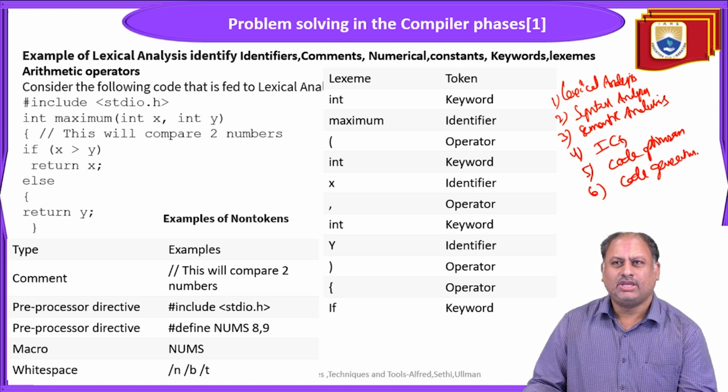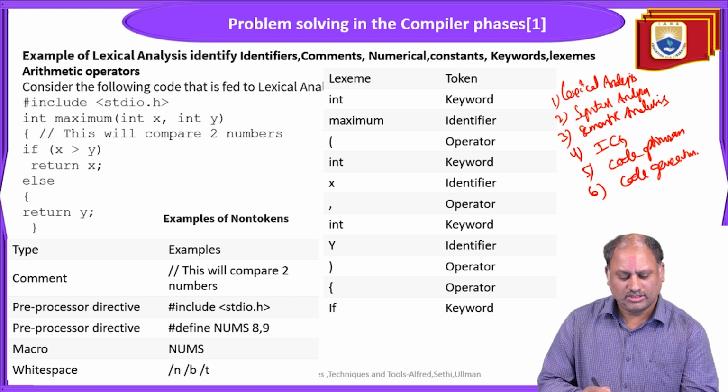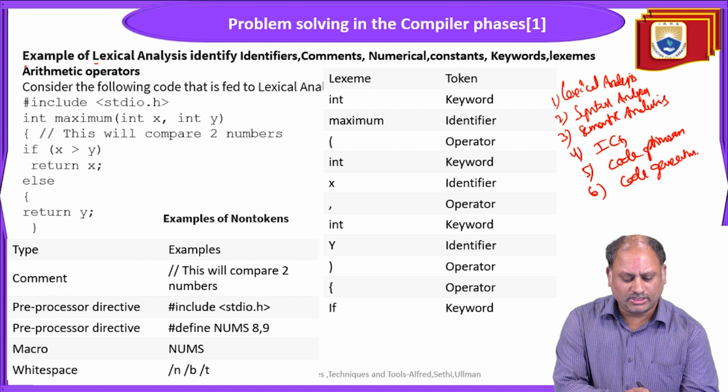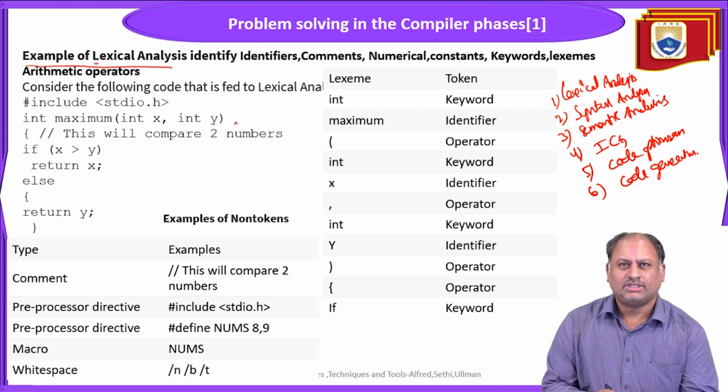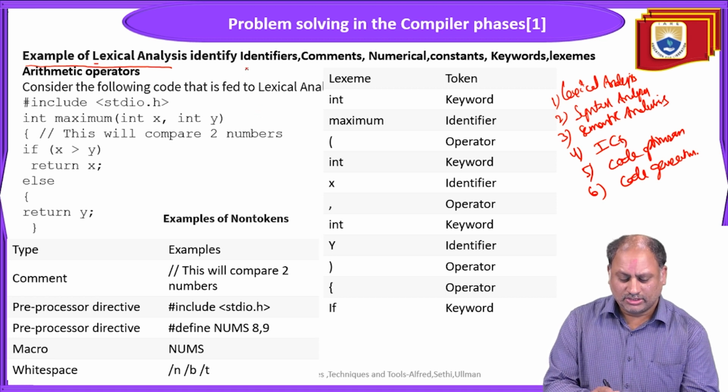Now, here is the example: the different phases collect different forms of outputs by collecting the entities.